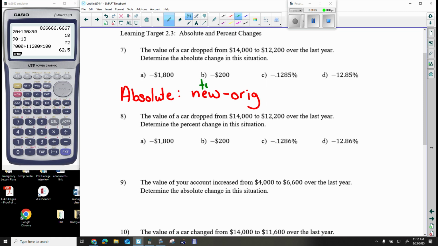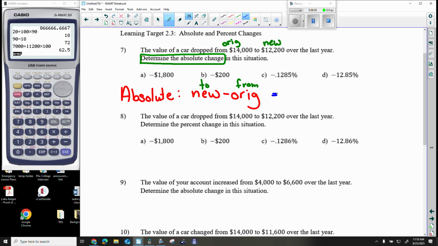Contextual clues: news are what they go to, originals are what they come from. So here, the question is to determine the absolute change. They give me from 14,000, so that would be the original, to 12,200. So I'm able to identify my new and my original.